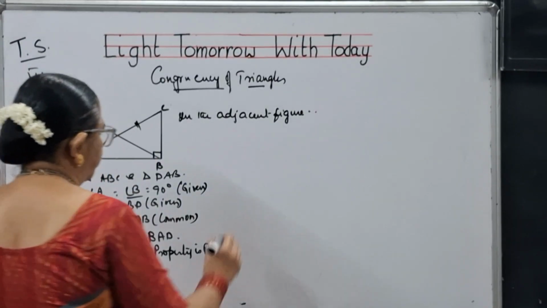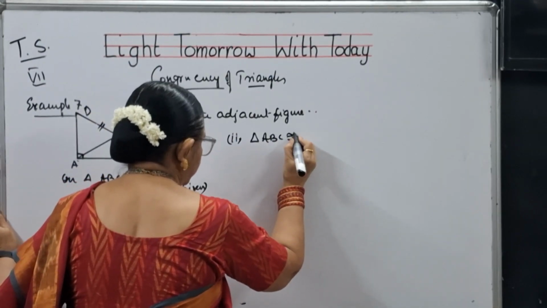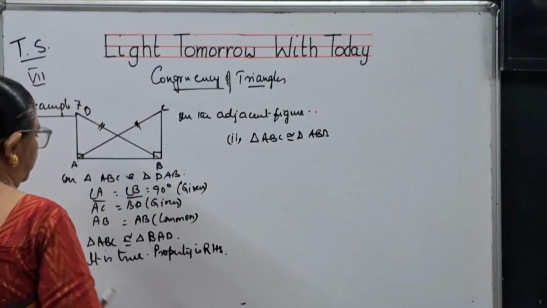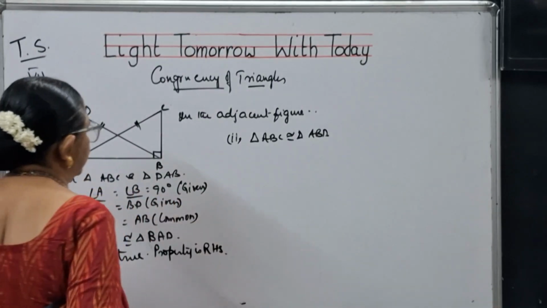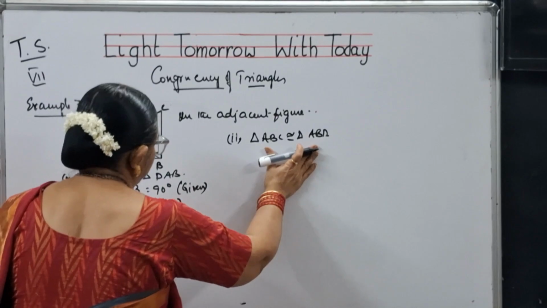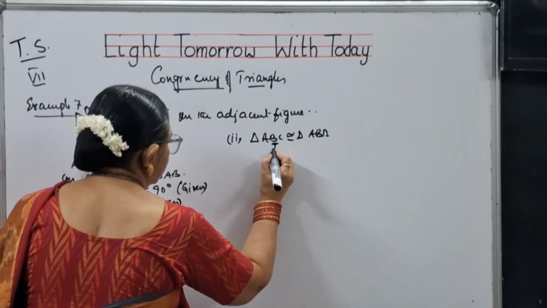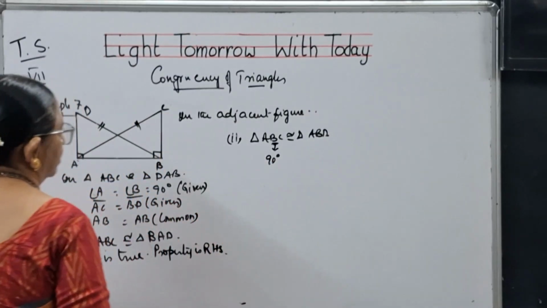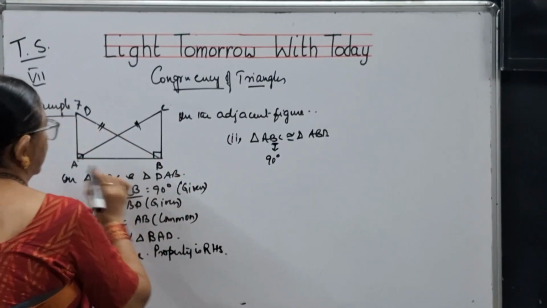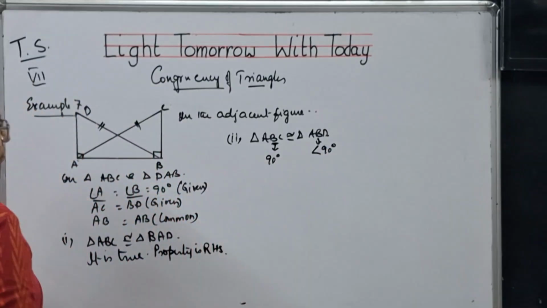And they have given a second bit, children. Triangle ABC is congruent to triangle ABD, they said. Actually, we feel that BAD and ABD are the same. But as far as this figure and the notation given to us are concerned, in ABC, B is 90 degrees. In ABD, this B is less than 90 degrees.